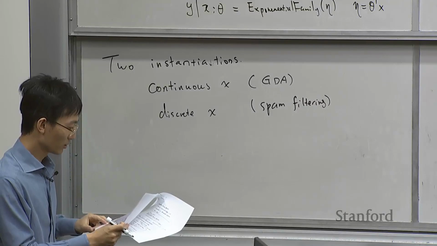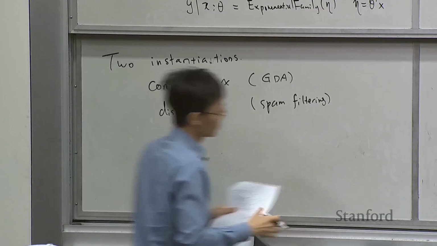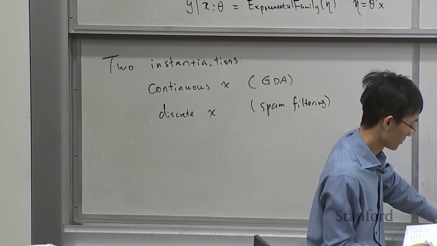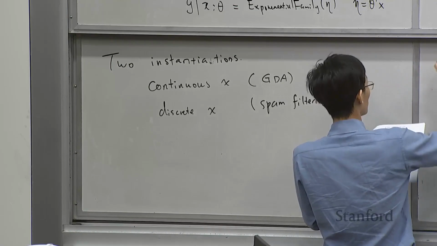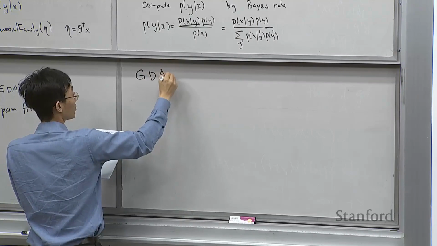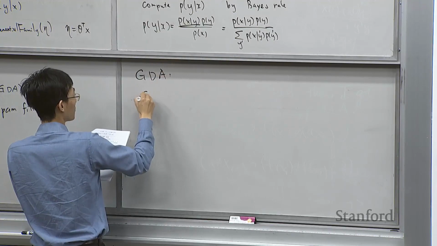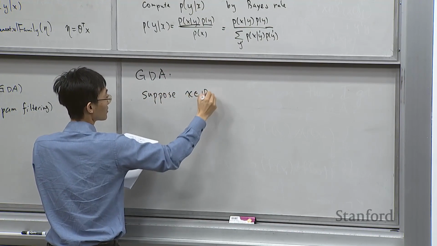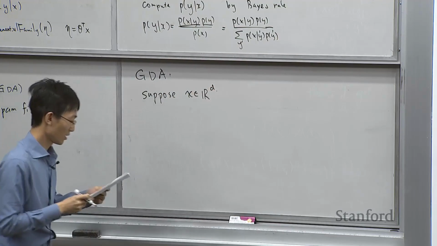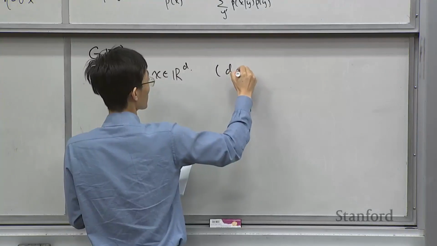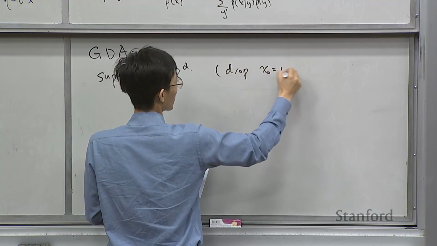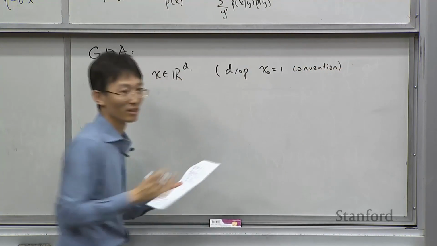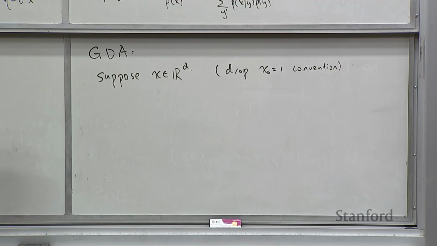All right, now one example: how do we instantiate this plan? So for GDA, you say, I'm going to suppose x is in R^d. I'm going to drop the convention, just because here I'm not going to use the bias, at least in the modeling part.